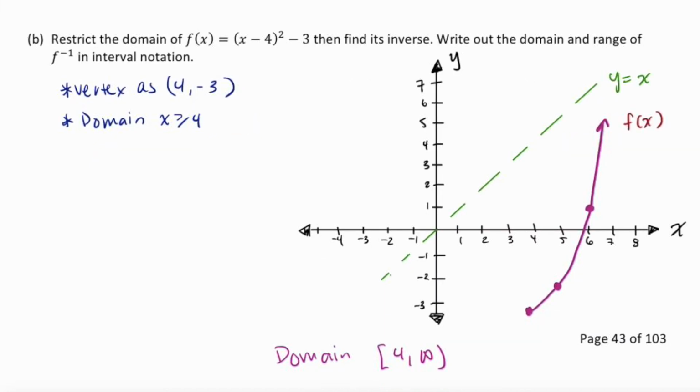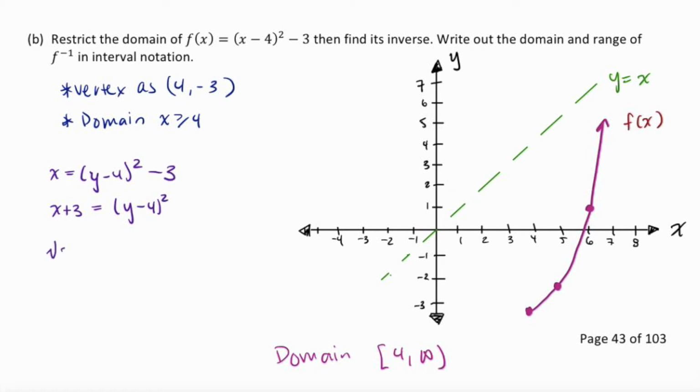So let's go ahead and find our inverse function. I'm going to start by rewriting f of x as x equals y minus 4 quantity squared minus 3. Let's add 3 to both sides to get y minus 4 squared on the right and x plus 3 on the left.